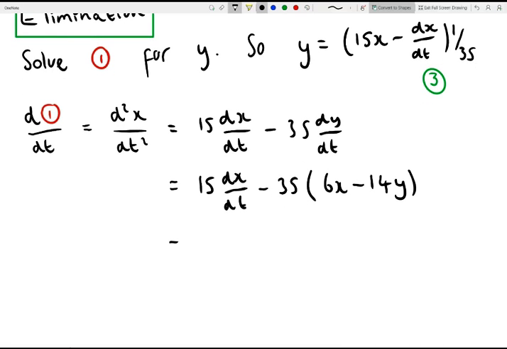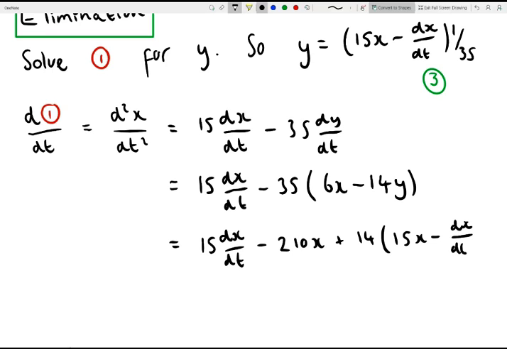Then multiplying this all out, we still have 15 dx by dt minus 210x plus 14 times 15x minus dx by dt.